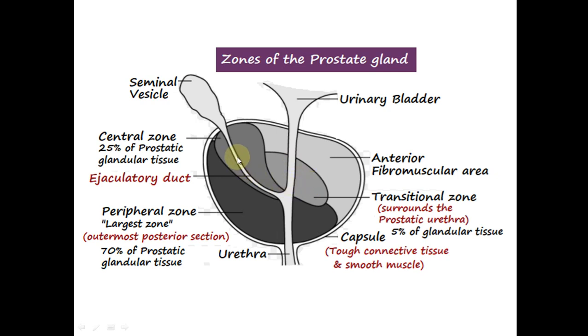The central zone also carries the ejaculatory duct, which carries fluid from the seminal vesicles and joins the ductus deferens, and the interior portion of the prostate is mainly composed of smooth muscles and fibrous tissue, and this portion has very little glandular tissue.